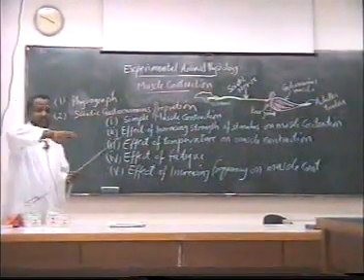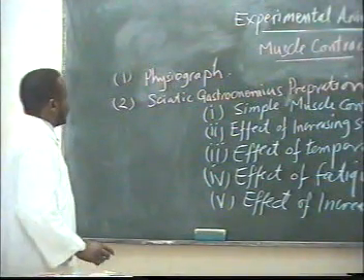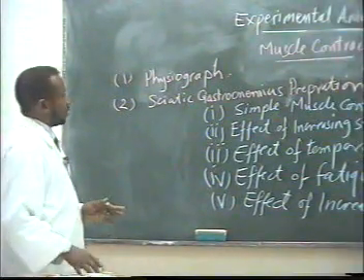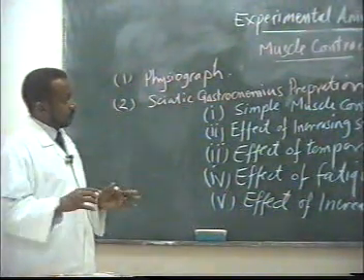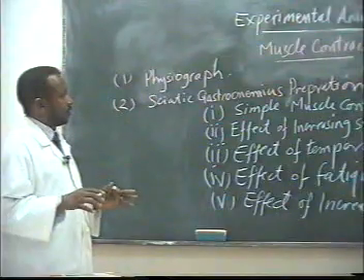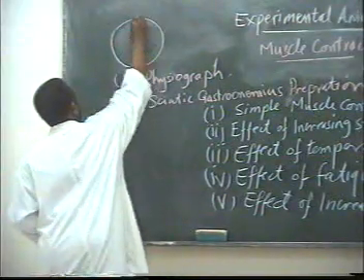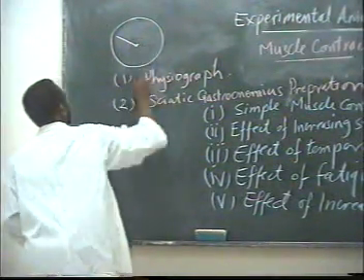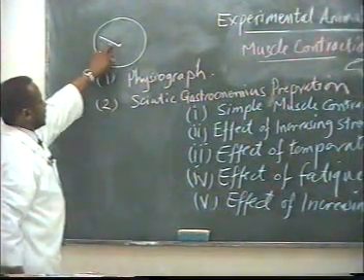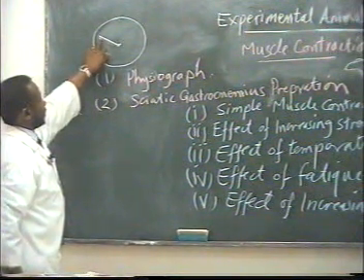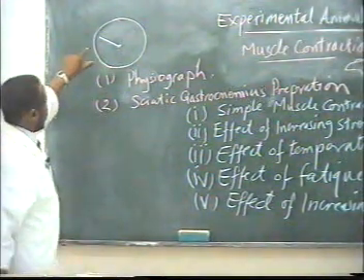The electrical signal is expressed as a deflection of the galvanometer, and the pen records the signal.